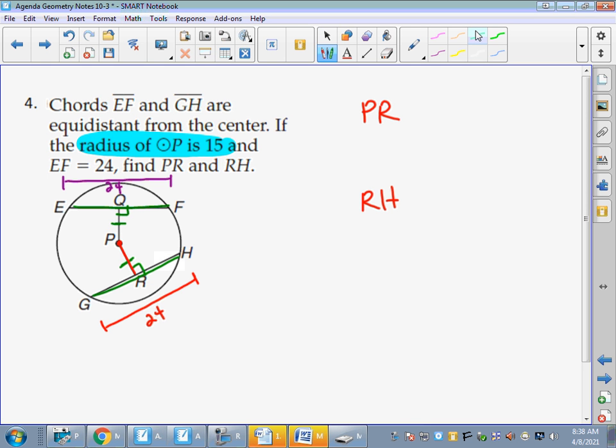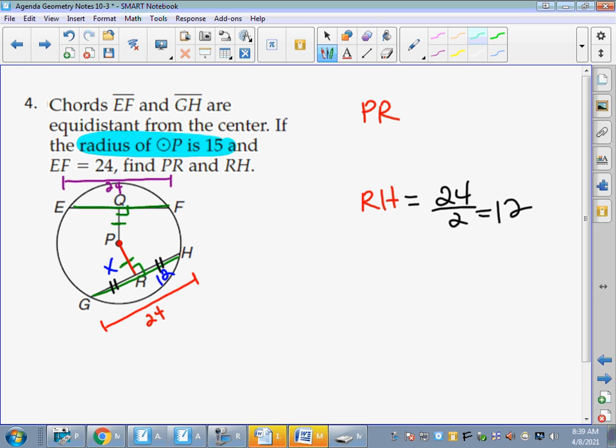We also know that if that's perpendicular, we've got this guy bisected. So technically, we actually found RH first, right? RH has to be bisected. So that means that RH is 24 divided by 2, or 12. So this guy has to be 12. It wants me to find PR.